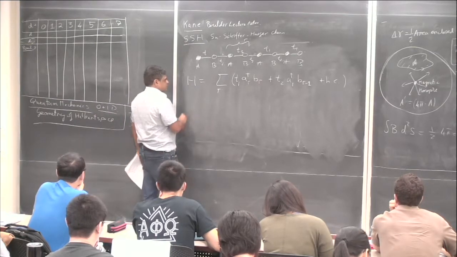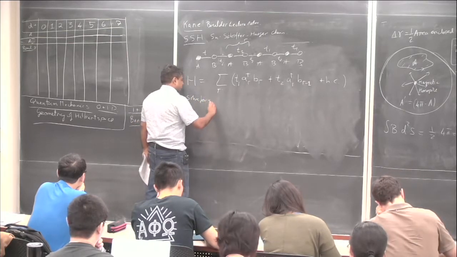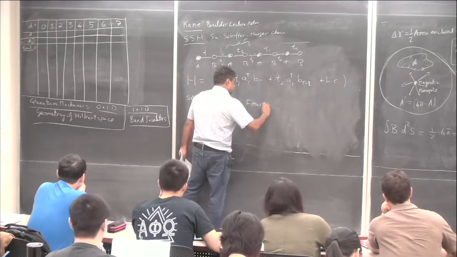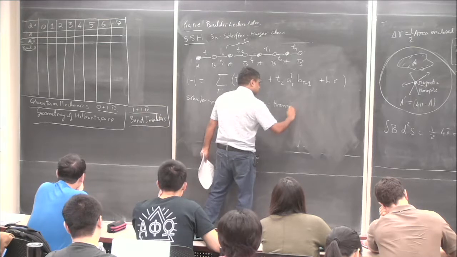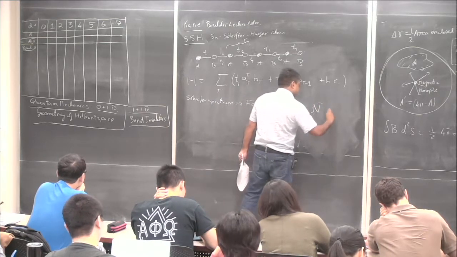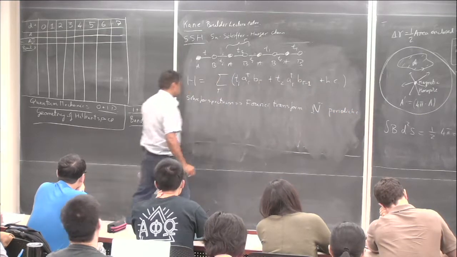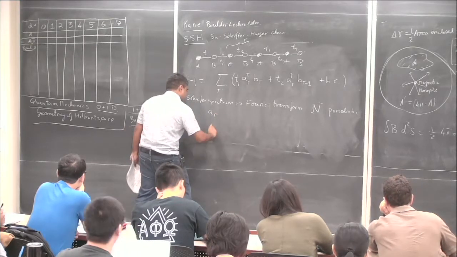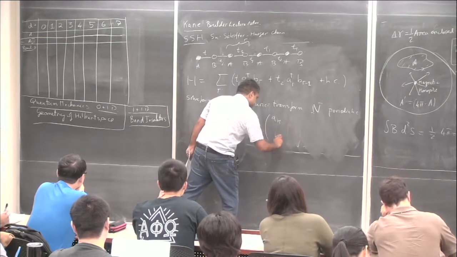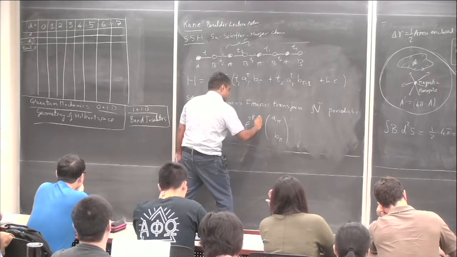Okay, so we can solve this. You want to solve for the spectrum. And you do that, of course, by Fourier transform. Let's say you have N sites, so you have periodic boundary conditions. All the usual things, and then you can expand your modes in terms of these Fourier modes with some phase factor.